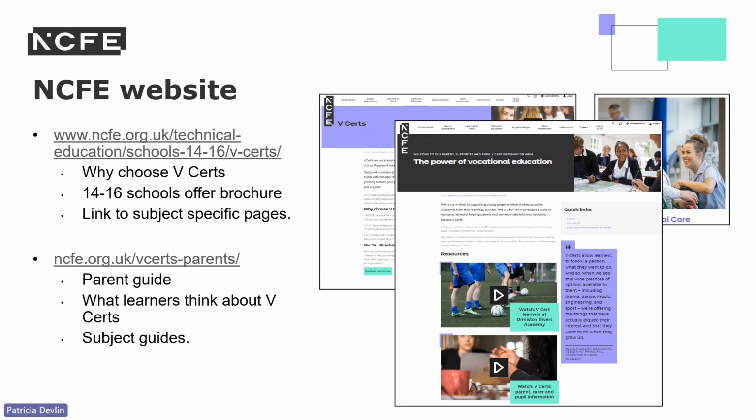So on both pages, you can also use the get in touch function, where you can request more information on subjects you're interested in. And there's also the opportunity to tick the marketing communications box to receive updates on our qualifications events and news relevant to you via email, on the phone, or through social channels.